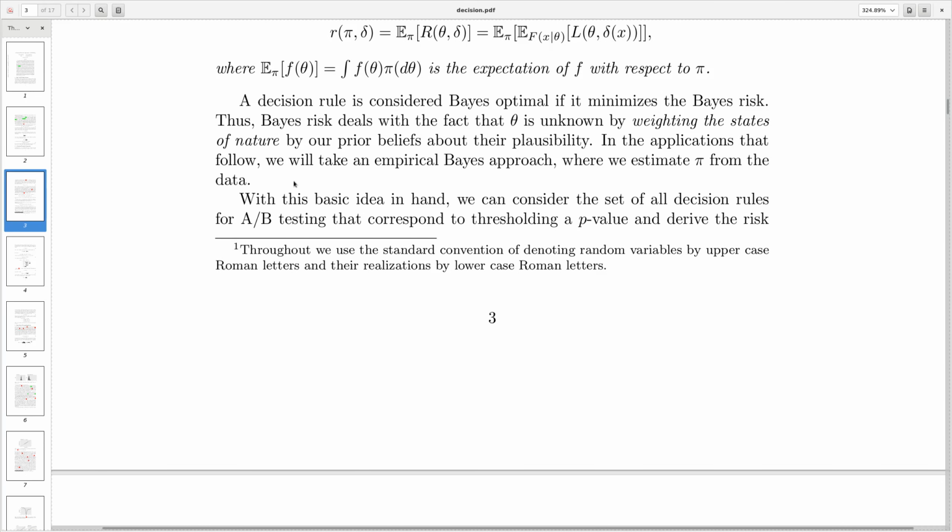A decision rule is considered Bayes optimal if it minimizes the Bayes risk. Thus, the Bayes risk deals with the fact that theta is unknown by weighting the states of nature by our prior beliefs and their plausibility.